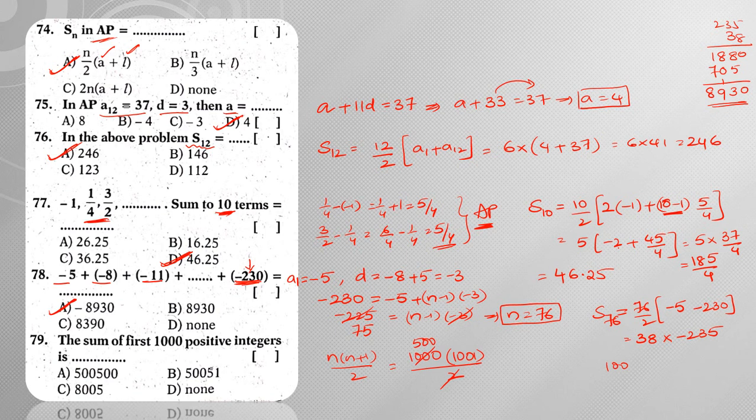So 1001 into 5, what am I going to get? 5005. Now this I am going to get 5005, and the last 2 digits are 2 zeros. So 500500 is my answer here, right? For the first 100, we have 5050. For first 1000 we have 500500.